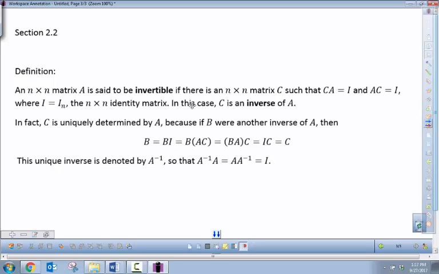It turns out that if your matrix is invertible, then it has an inverse. We'll call it A to the -1 power. And it turns out that if it has an inverse, then that inverse is unique.